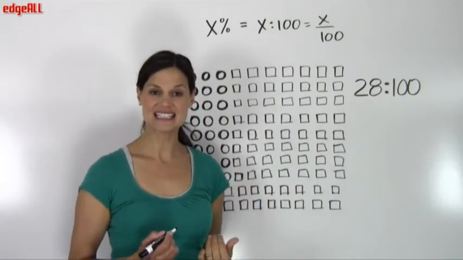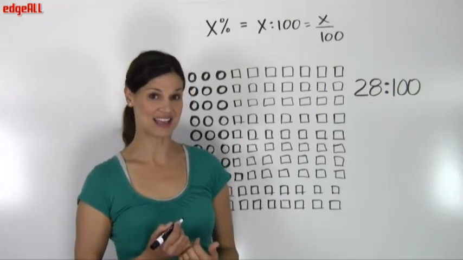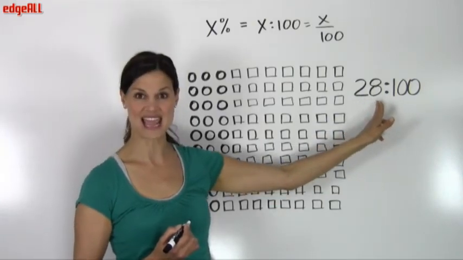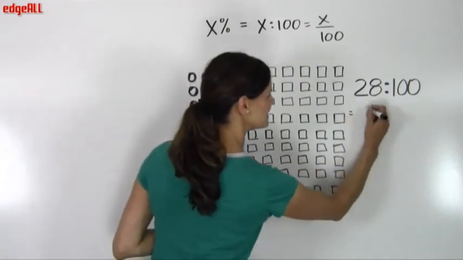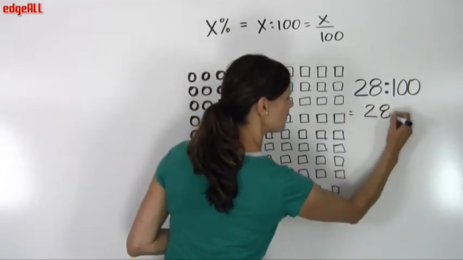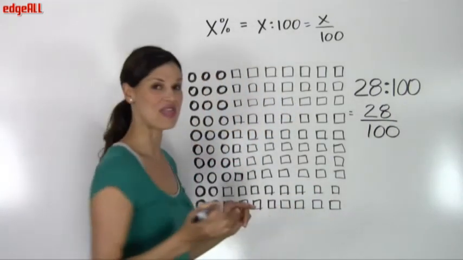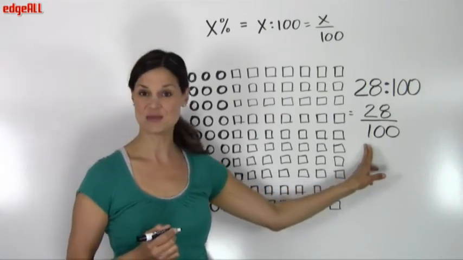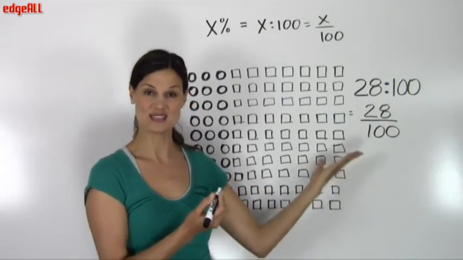Since percent is always looking for the denominator to be 100, we can take our ratio of 28 to 100 and rewrite it as a fraction, so this is equal to 28 over 100. We already know the percentage for this ratio.